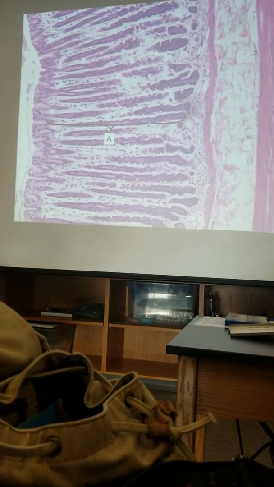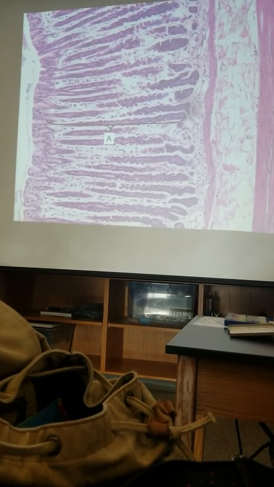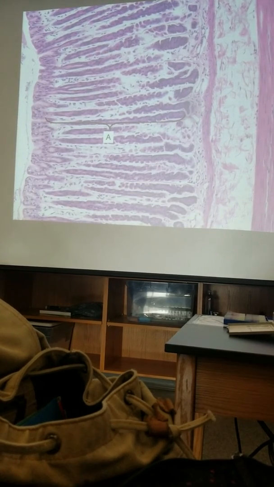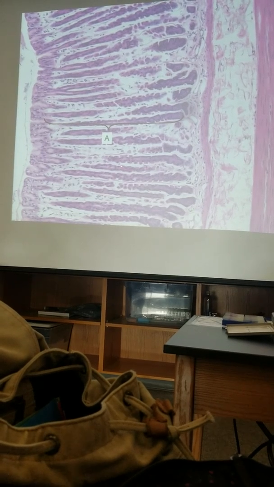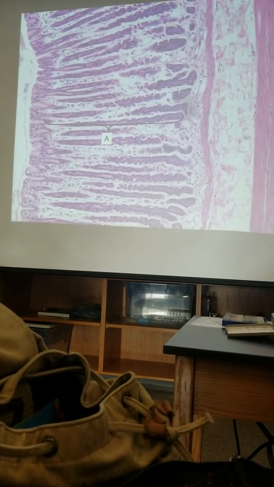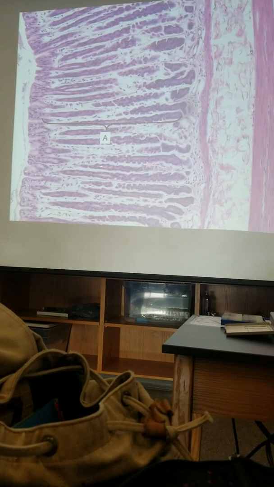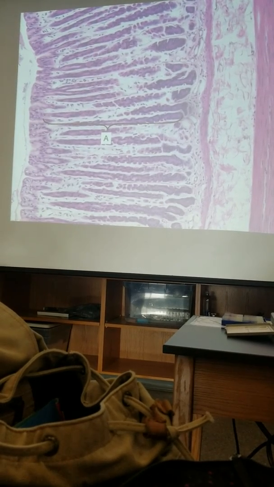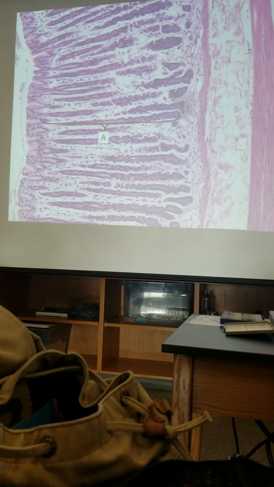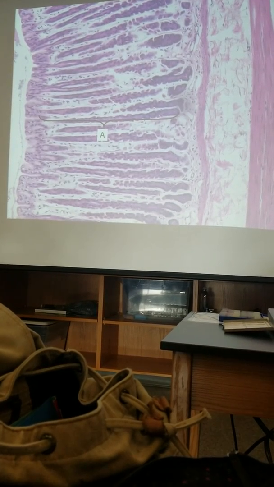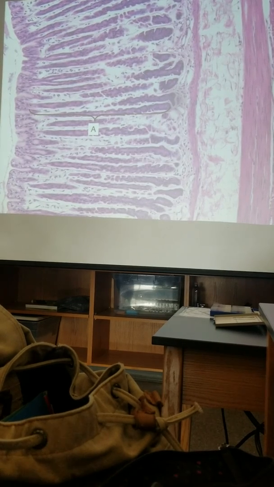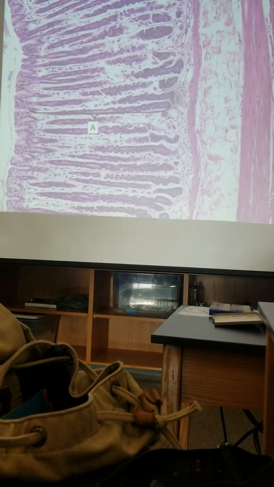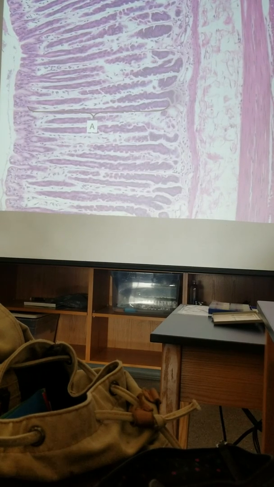And then I'm just asking you for two of the cell types that are here. Parietal and chief, right? You can see these parietal cells, these lighter staining, swollen, kind of bulge into the space. And then the smaller, more basophilic staining are going to be those chief cells. A product of either cell type.